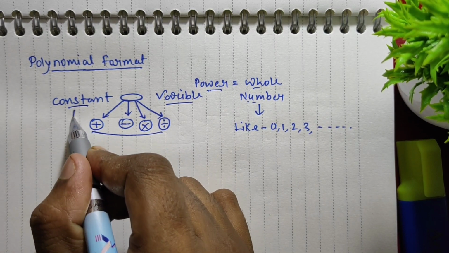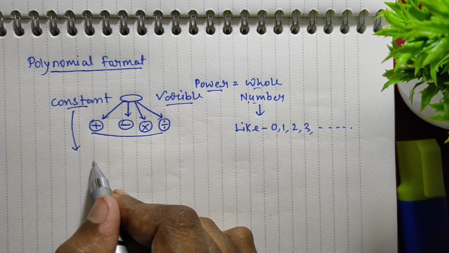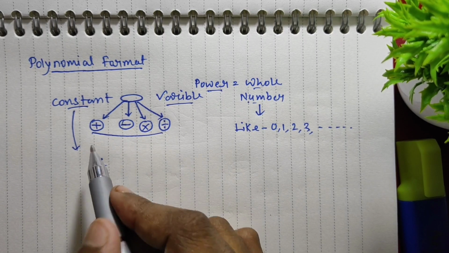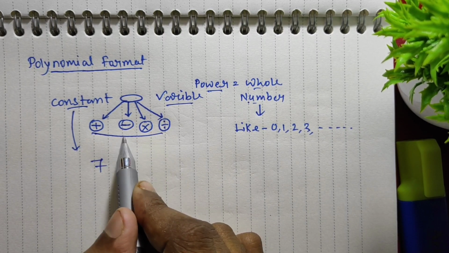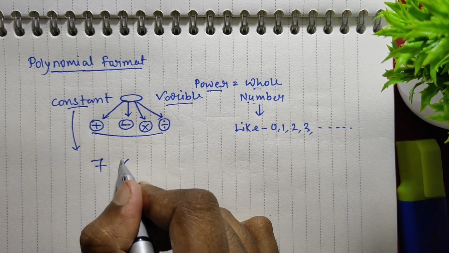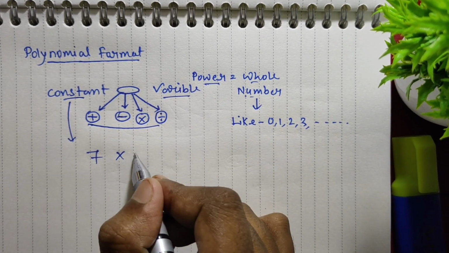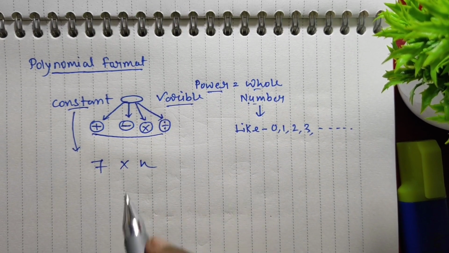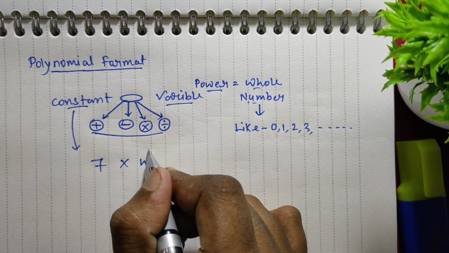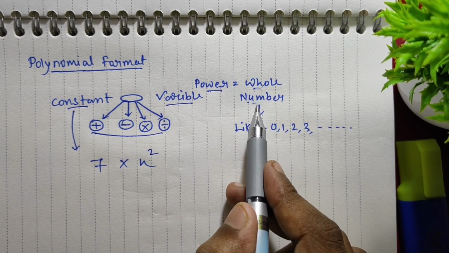Now for understanding this in a clearer way, let's have an example. As constant I am taking here 7, and for mathematical operation I am taking multiply, as variable x, and as its power 2. Now see, 2 is a whole number.